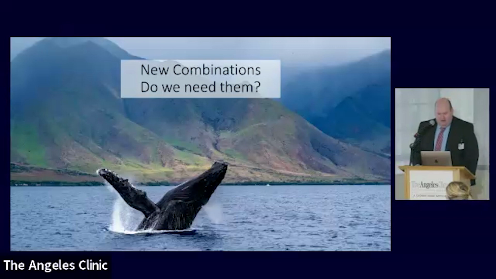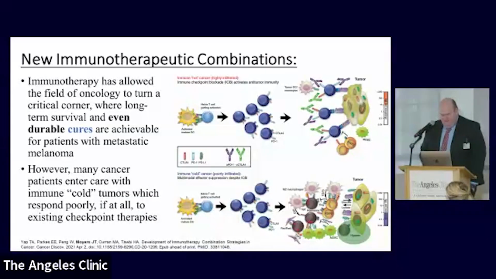So is there something on the horizon about to make a big splash? Do we need some more immunotherapy combinations? While immunotherapy has allowed the field of oncology to turn a critical corner, where there's even long-term survival and even durable cures, many patients still don't benefit from these checkpoint inhibitor therapies.